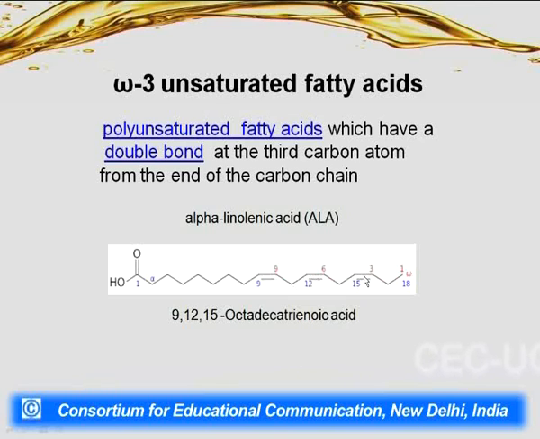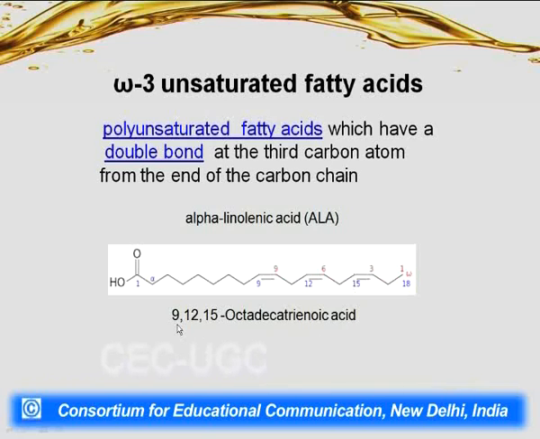Now according to IUPAC system, when we try to name this acid, carboxyl carbon gets the position 1, and then we name further 2, 3, 4, 5, 6 and so on, and we find that this double bond begins at carbon number 9, this double bond is beginning at carbon number 12, and this is beginning at carbon number 15.